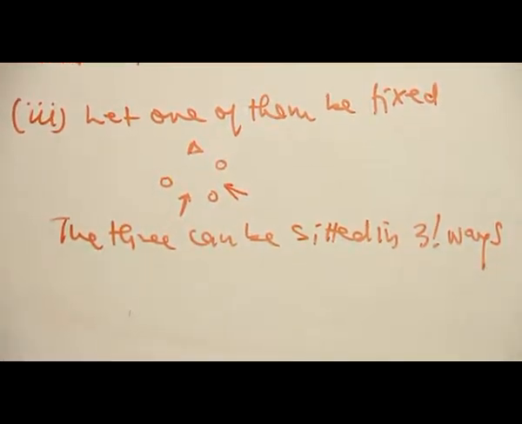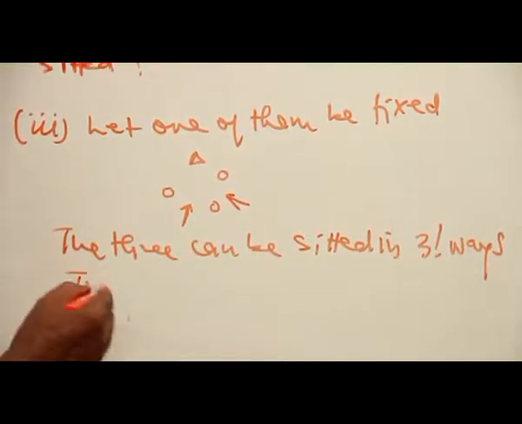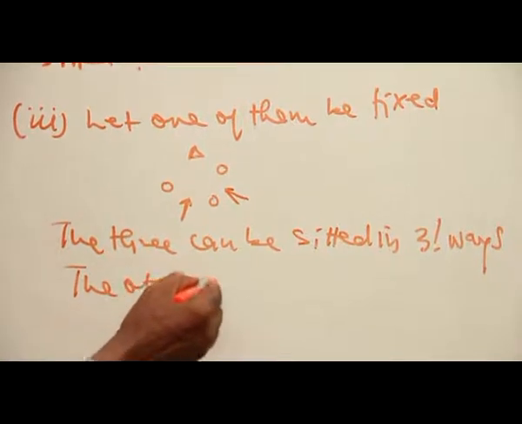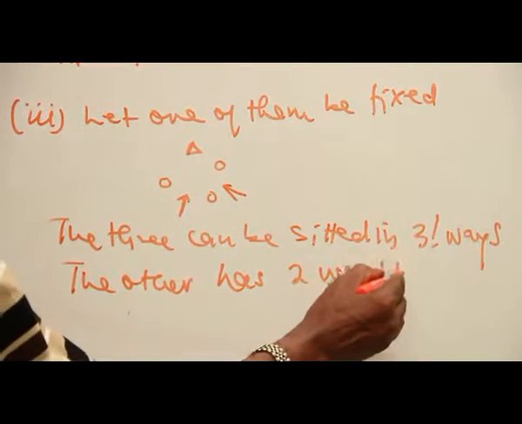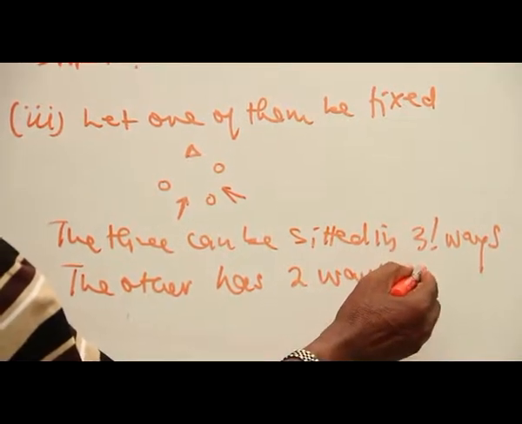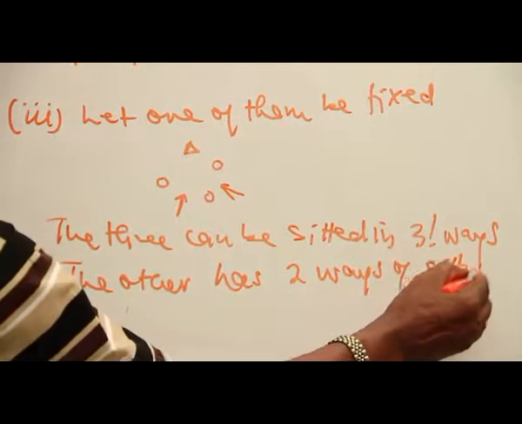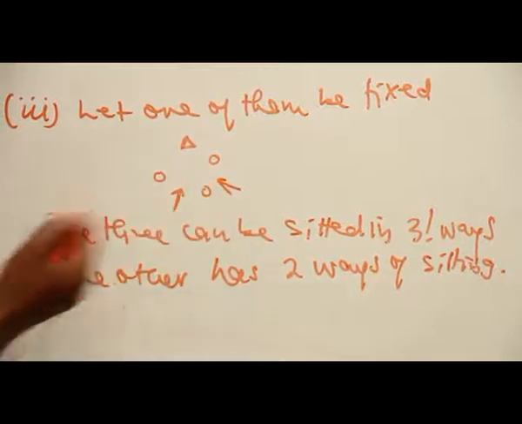So we now have, in this regard, that the other person has 2 ways of taking this position of sitting, as indicated by the arrows.